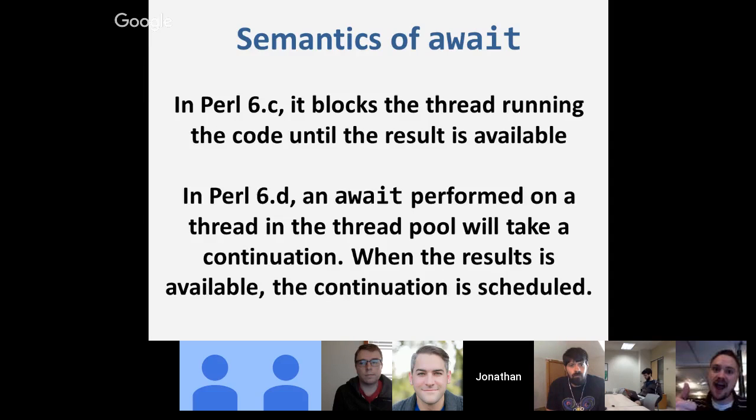What we're working on in the upcoming Perl 6.d version of the language is that an await performed on a thread in the thread pool will actually just suspend the execution of that and give that thread back to the pool. And then when the result is available, we'll just continue running where we left off. And this will mean that whereas today, if you do 100 awaits, you're going to be in trouble and exhaust the thread pool, in the future, you'll actually be able to have, say, 1,000 or 10,000 outstanding await statements without causing any kinds of trouble.